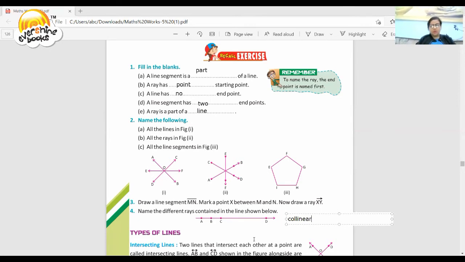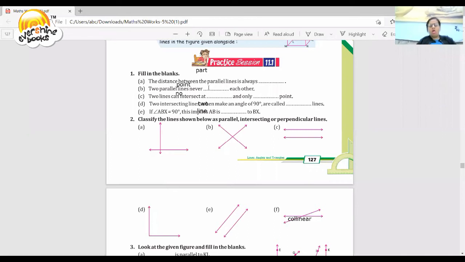Now we are going to learn about lines further. We are going to do Exercise 11.1. The distance between parallel lines is always the same.